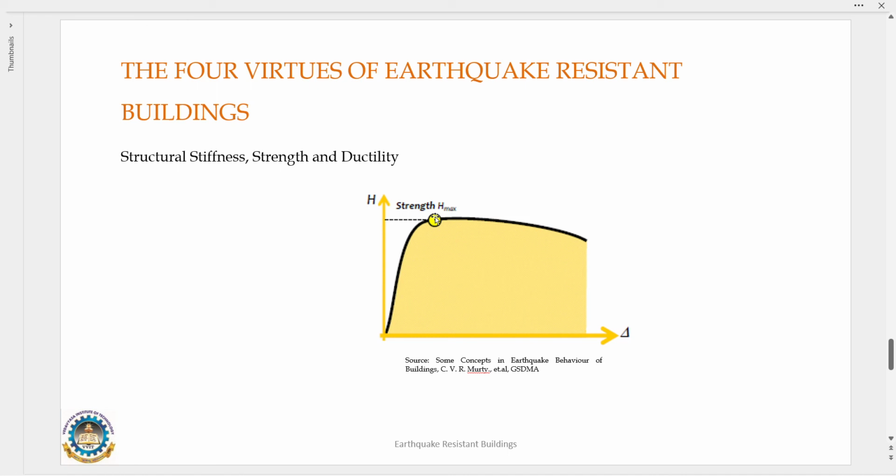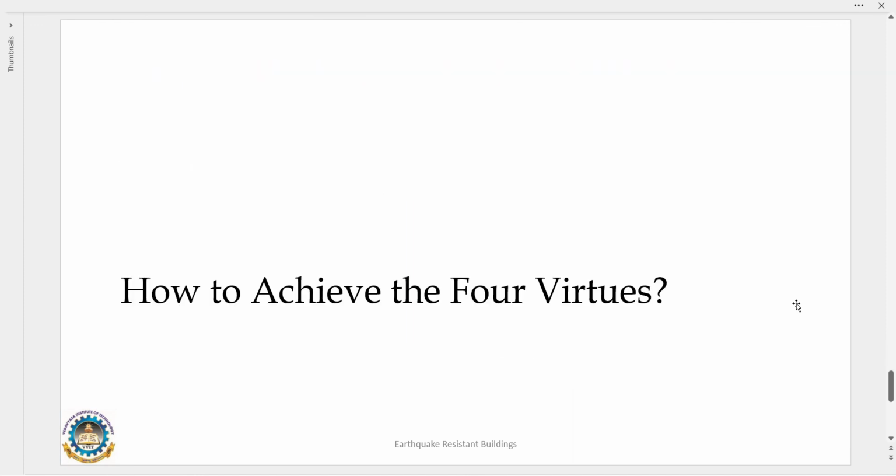And so how can we achieve these virtues? The four virtues are achieved by inputs provided at all the stages of development of a building, namely planning, design, construction and maintenance. Nowadays we have municipal authorities which examine if all the required technical inputs have been met to ensure safety of the building before allowing the building to be built, the construction to be continued at different stages, or the users to occupy the building.